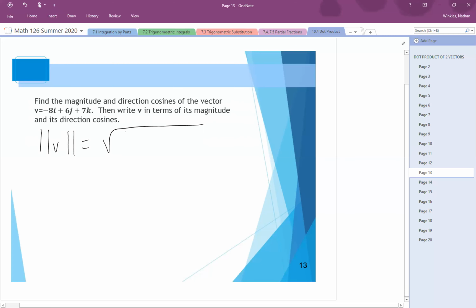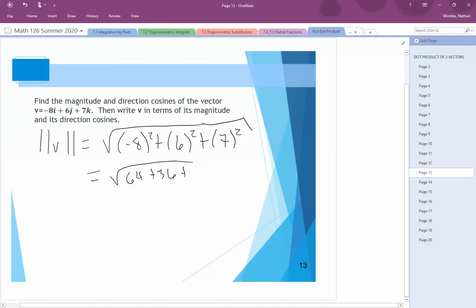That is the square root of negative 8 squared plus 6 squared plus 7 squared, so that is the square root of 64 plus 36 plus 49, which is the square root of 149.